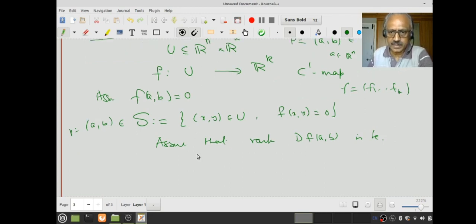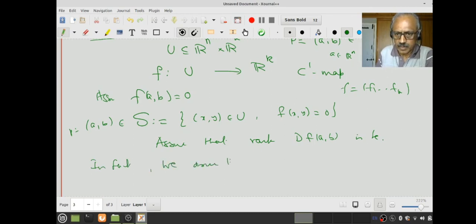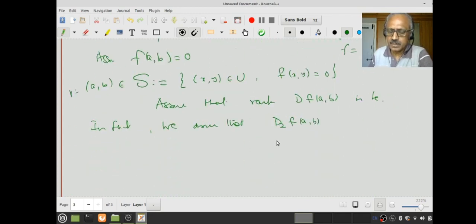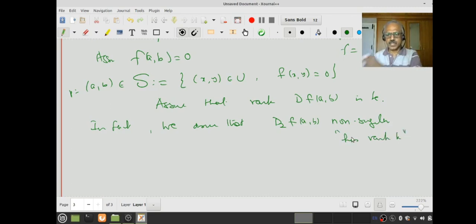But to make our life easy, in fact we assume that the second partial derivative at (a, b), which is a map from R^k to R^k, is non-singular. This is the same as saying it has rank k, because it is a map from a k-dimensional space to a k-dimensional space.